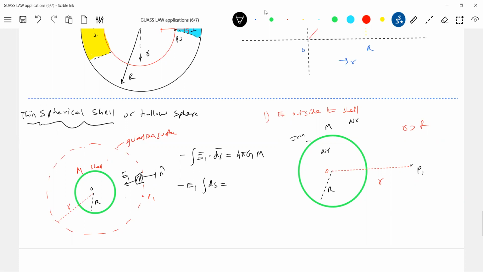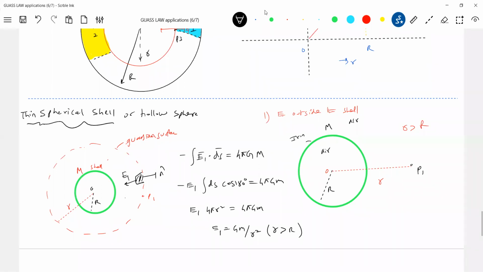So the integral of dS cos theta, this will become, the integral of dS is 4 pi r square. So strictly r is greater than capital R. So what is the gravitational field outside the thin shell? It is equal to GM by r square. So shell and solid sphere are the same. Yes, we got the answer like that.